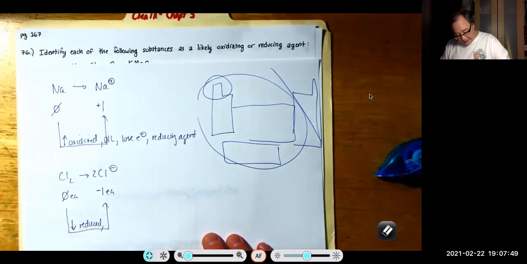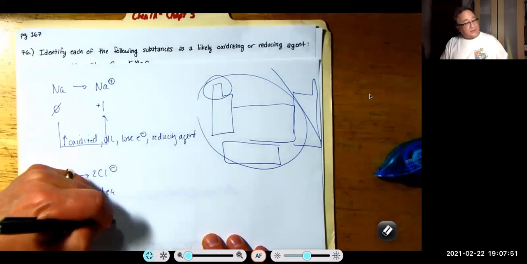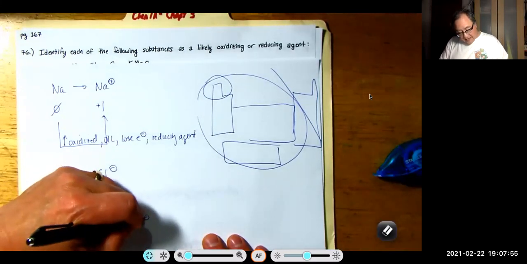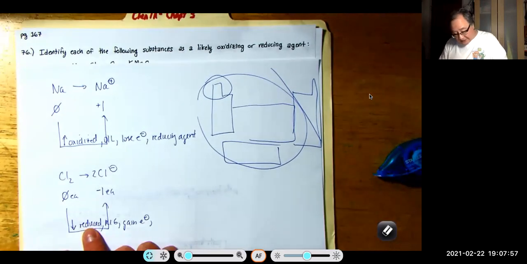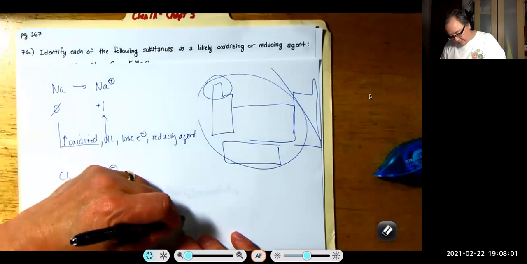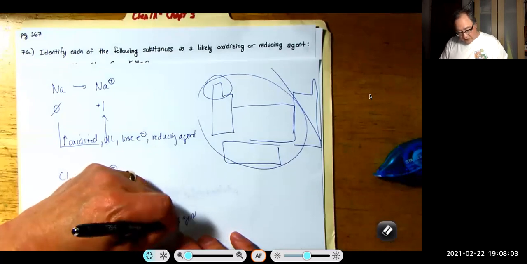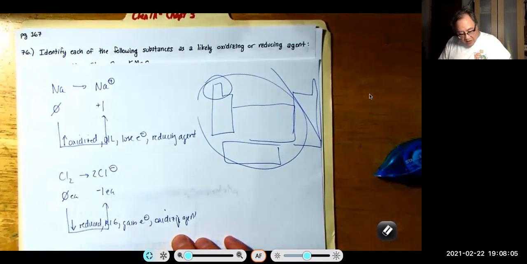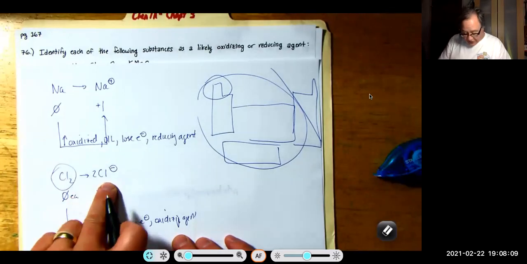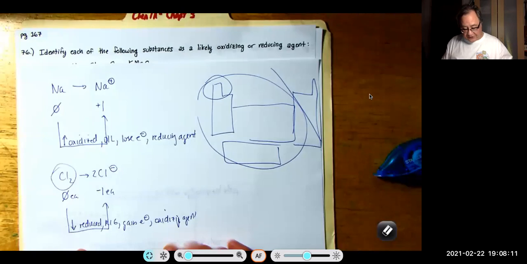Reduced means rig. Rig means gain electrons. And if it's reduced, it's the oxidizing agent. So in general, nonmetals, which like to become anions, are oxidizing agents.